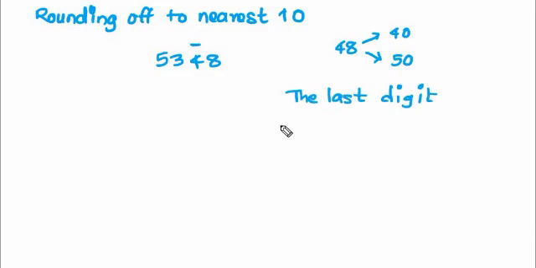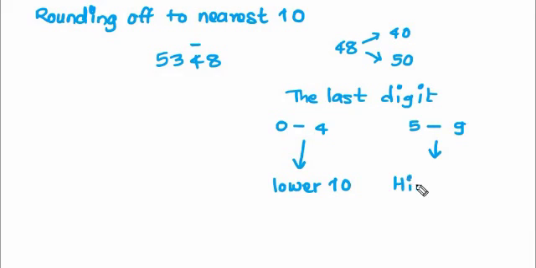if the last digit is between 0 to 4, so it can be 0, 1, 2, 3, 4, anything, then we round it off to the lower 10. If the last digit is between 5 to 9, then we round off to the higher tens.